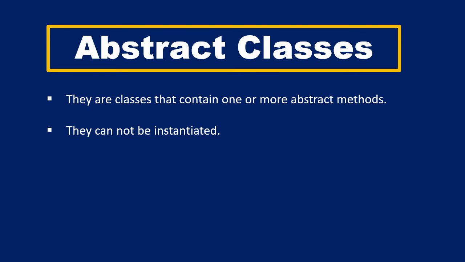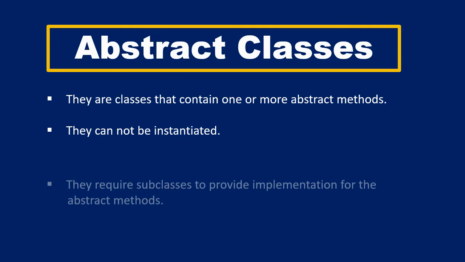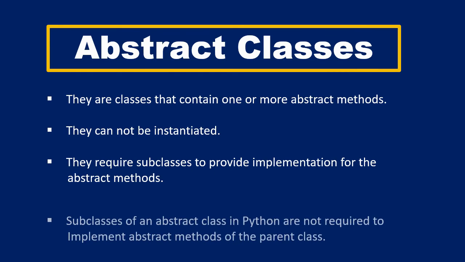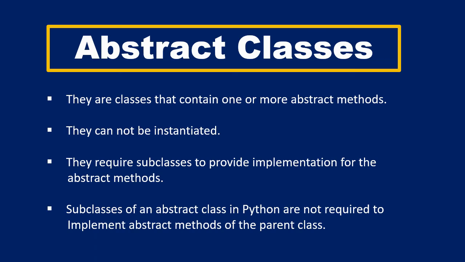Also, an abstract class will require subclasses in order to provide implementations for the abstract methods. Subclasses of an abstract class in Python are not required to implement the abstract methods of the parent class.